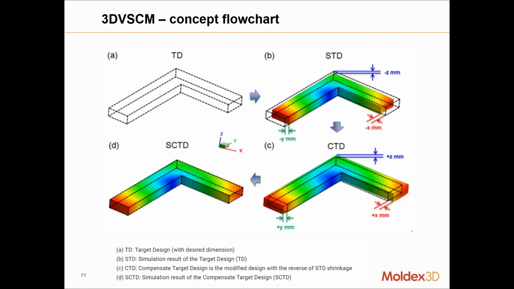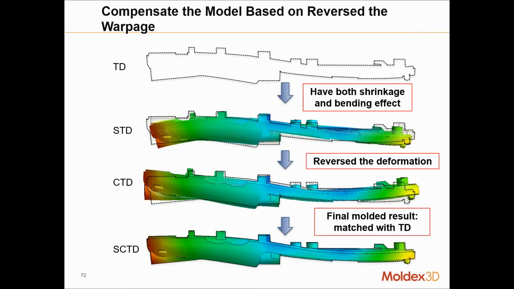Now, the software also allows you to apply what is called a shrinkage compensation tool. The software gives you an idea of what your linear shrinkage is like in that part based on all the other factors taken into account. And that linear shrinkage can be plugged into this tool to then look at what the actual warp is for this part.